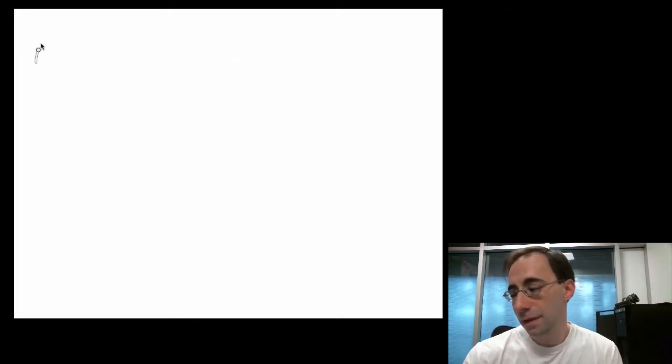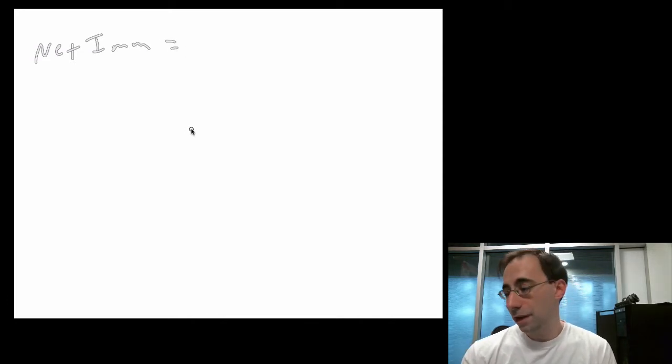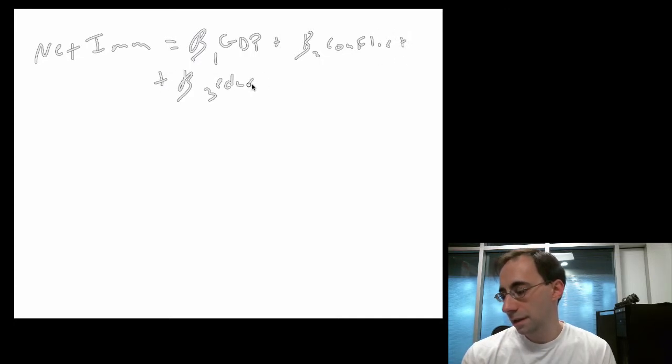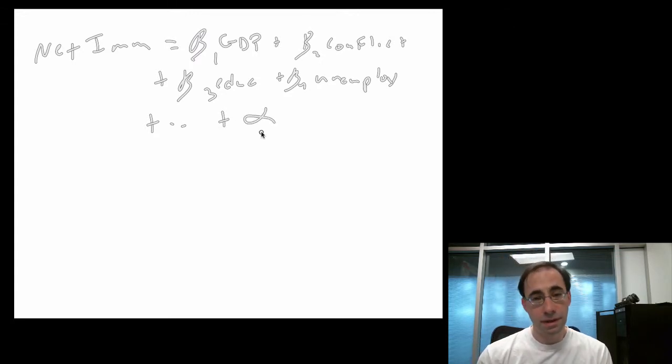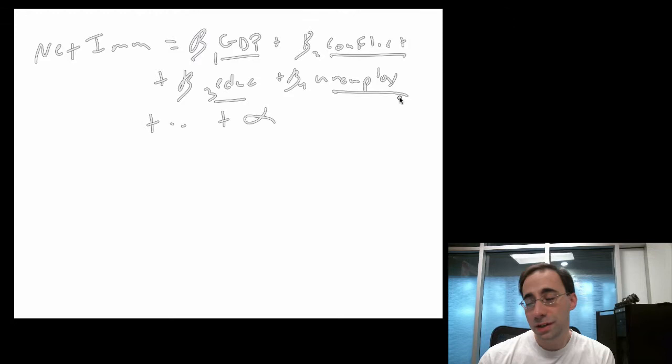So for instance, if we're trying to understand net immigration into a country, net immigration might be some affine function of GDP, some measure of conflict, some measure of education, some measure of unemployment, and so on, plus some intercept, some baseline. So if all these independent variables were 0, what's the baseline of immigration? That's this constant here.